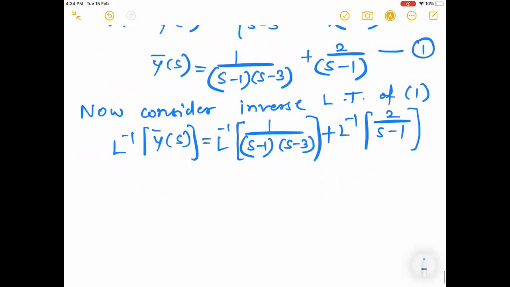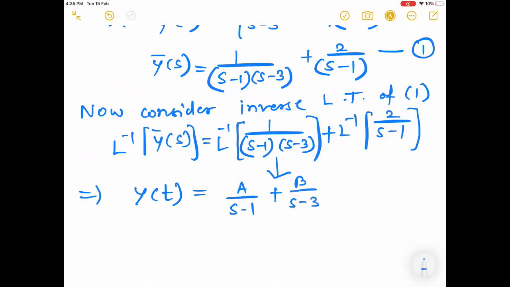So now here you can apply the partial fraction. Left side is of course y of t equal to. Here you can apply the partial fraction form, that is A upon s minus 1 plus B upon s minus 3, inverse.